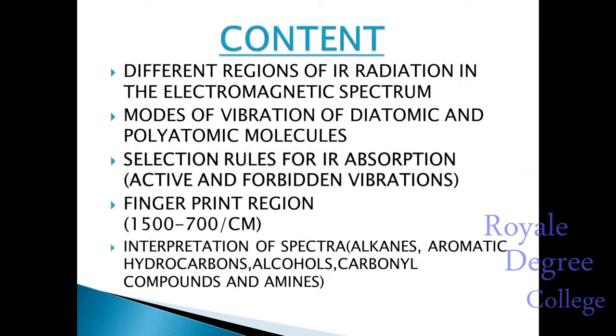In this, we'll talk about different regions of infrared radiation in the electromagnetic spectrum, modes of vibration of diatomic and polyatomic molecules, selection rules for infrared absorption, active and forbidden vibrations, fingerprint region, and interpretation of spectra: alkanes, aromatic hydrocarbons, alcohols, carbonyl compounds, and amines.